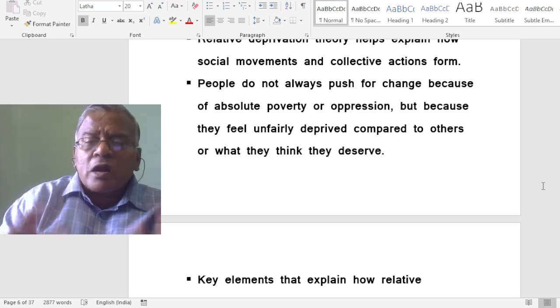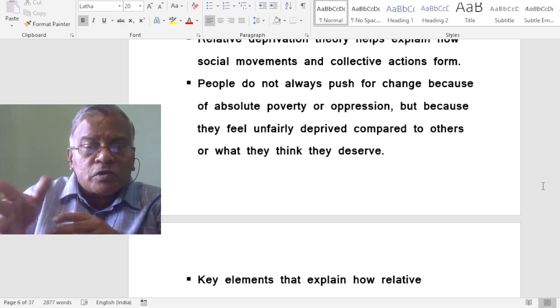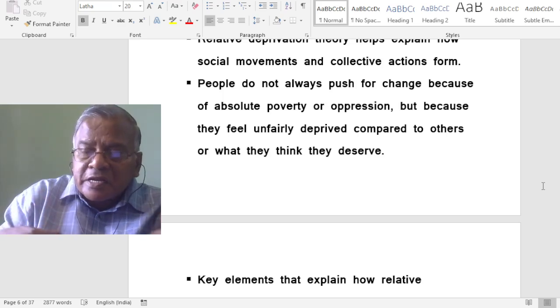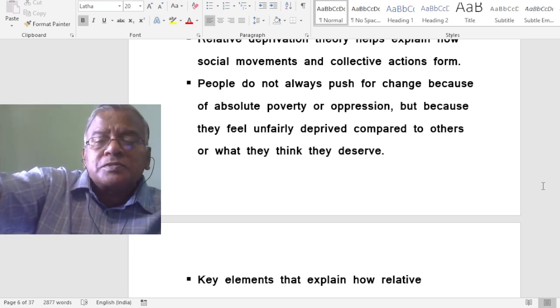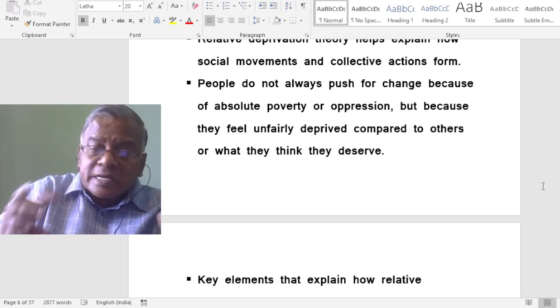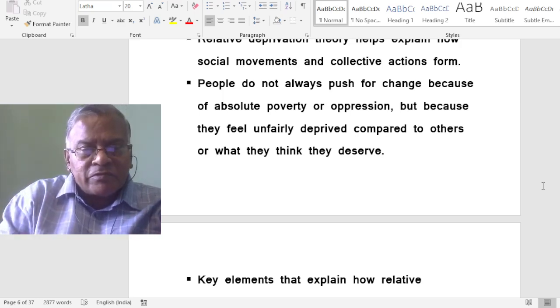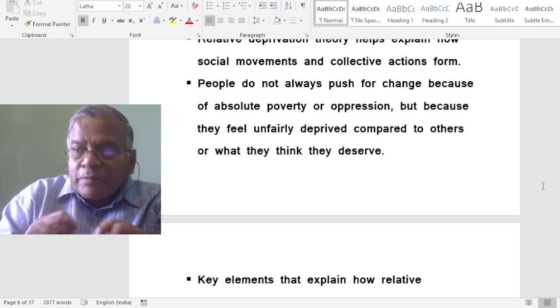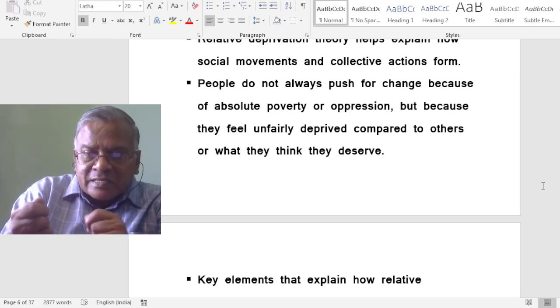Because they feel unfairly deprived compared to other groups, or they deserve more and it is not given to them. When they feel they deserve more and it is not given to them, then they push for change. They need a change in the societal structure.